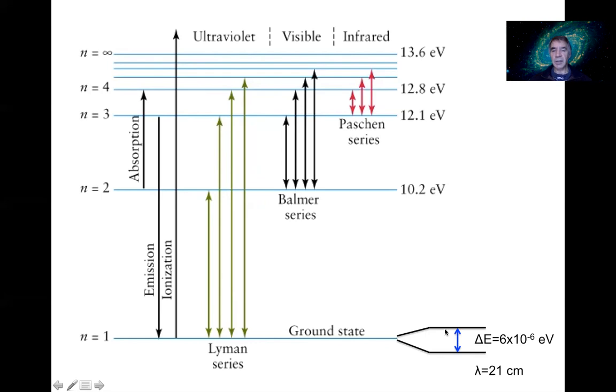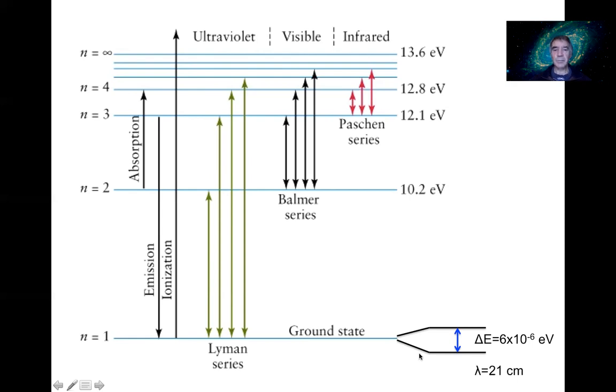In interstellar space, that's done by collisions between hydrogen atoms. Two hydrogen atoms collide, and it's enough to give that electron a little bit of energy and pop it into the higher state. Then sometime later, the electron will relax back down to the lower level, and as it does so, it will emit a photon corresponding to that energy gap, which is 21 centimeters.